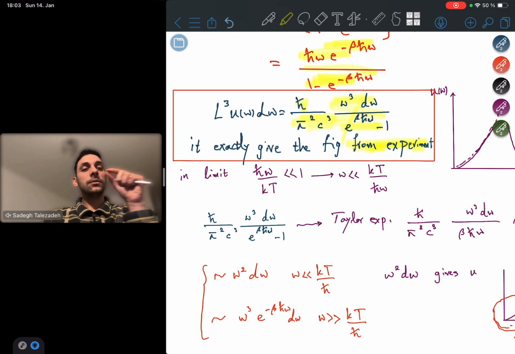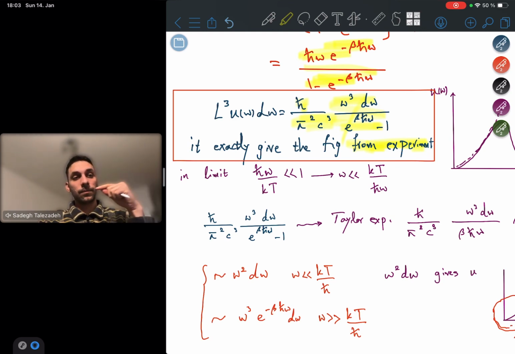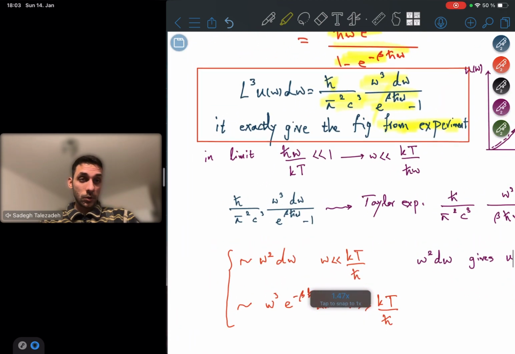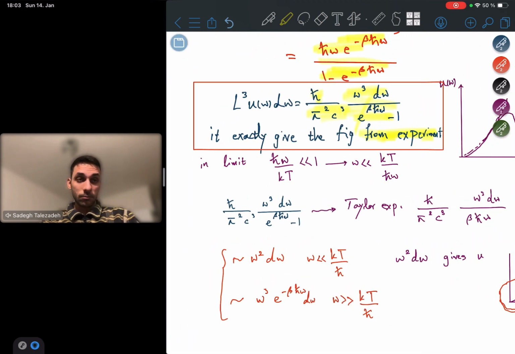And this function exactly gives us the very well curve which fits our experimental result. And this was an effort to reach a very good fit to the experimental result.